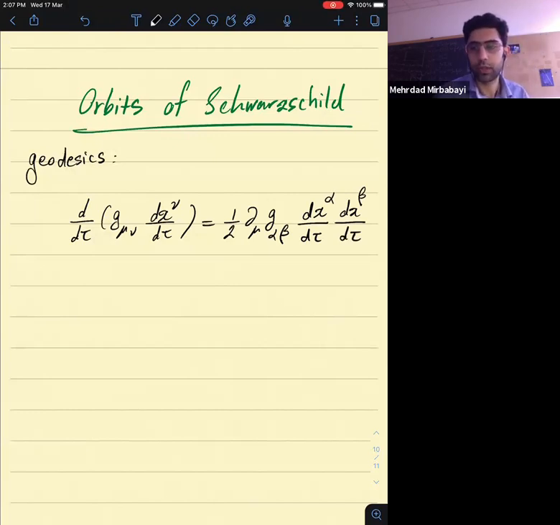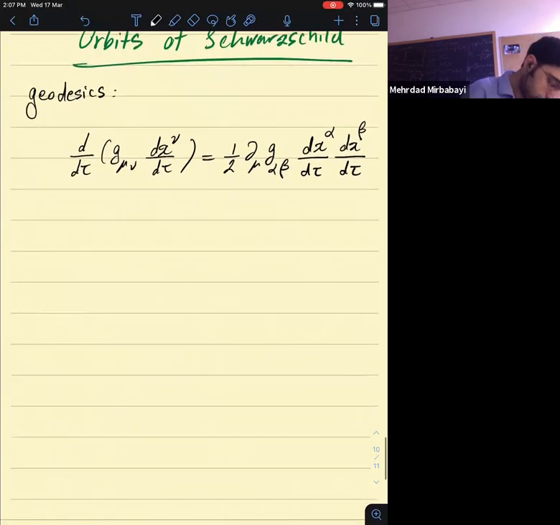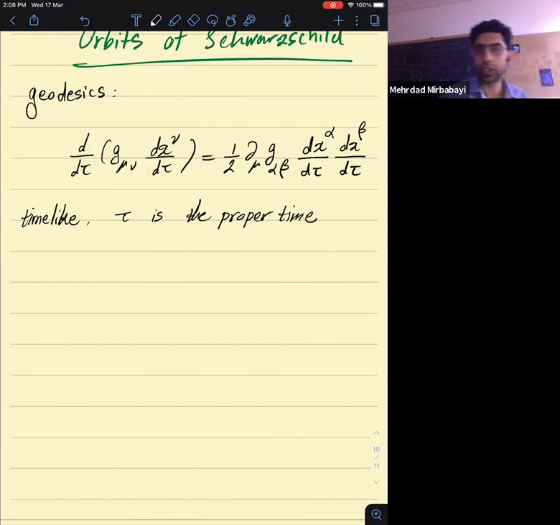Here, if we are talking about time-like geodesics, tau is the proper time, which is related to the line element. d tau squared will be equal to minus ds squared in my conventions, because I'm using the mostly plus convention.